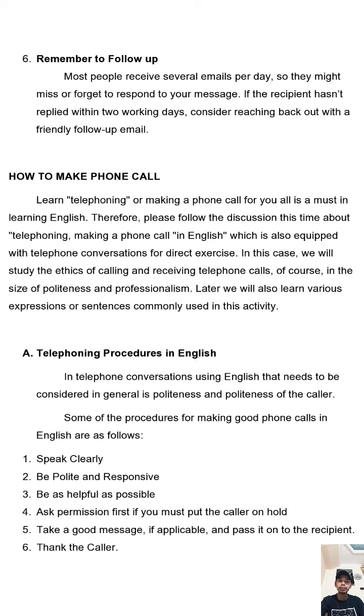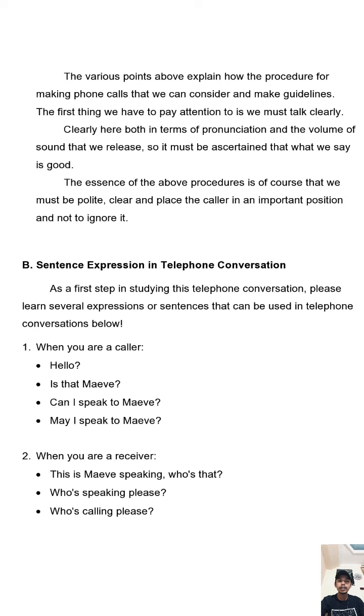Fourth, ask permission first if you must put the caller on hold. Fifth, take a good message if applicable and pass it on to the recipient if the phone call is not for you. Sixth, thank the caller. The various points above explain the procedure for making phone calls that we can consider and use as guidelines.